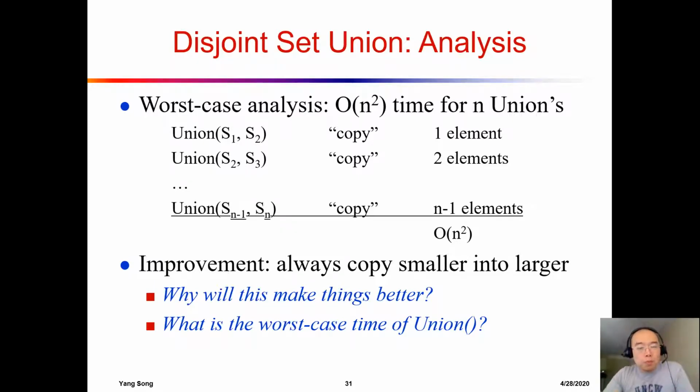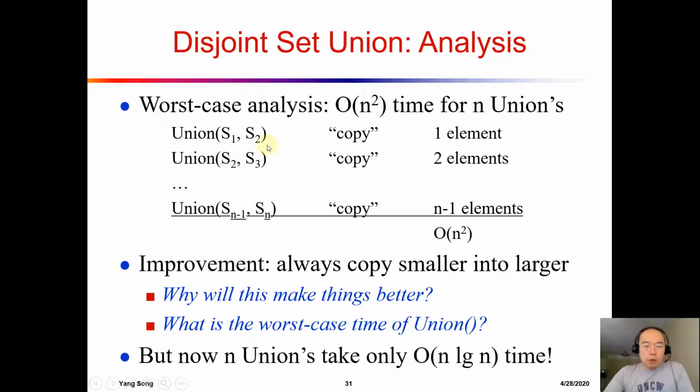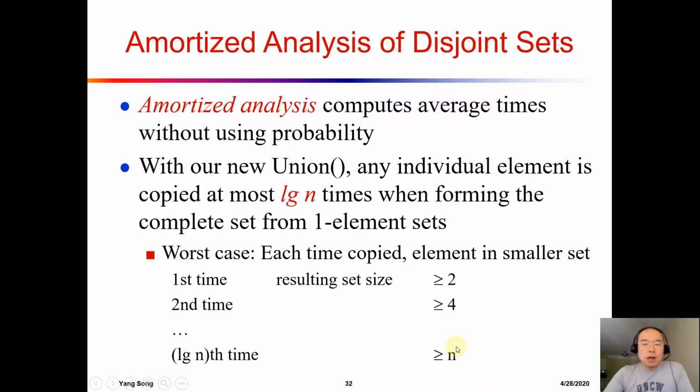This will save some time. In this case, it will take O(n log n) time, so the O(n²) time is improved to O(n log n). And what is n? n is the number of vertices, so this will be O(V log V).